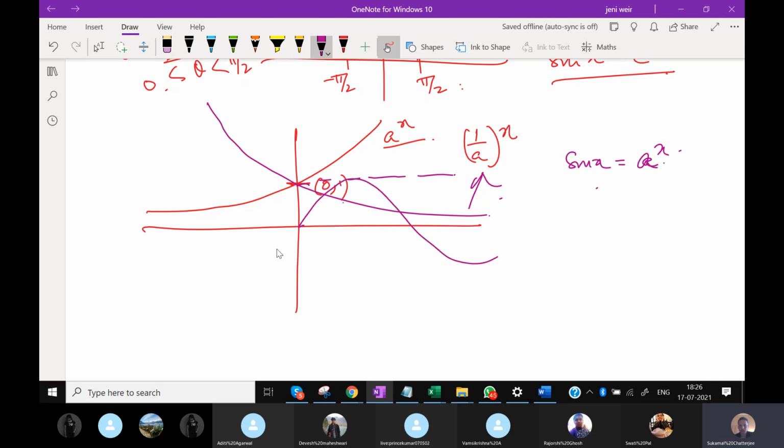So it will never meet on the positive side. On the negative side, it will meet at multiple points. So there will be infinite solutions for this, and all solutions will be negative.